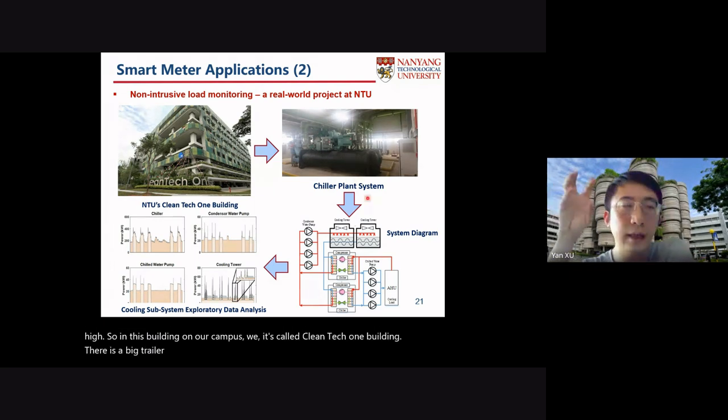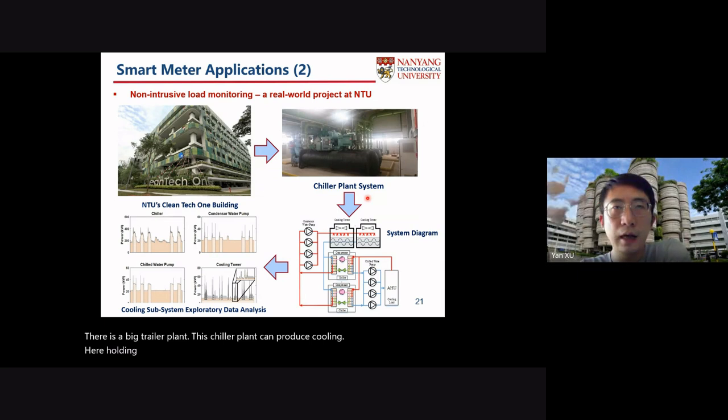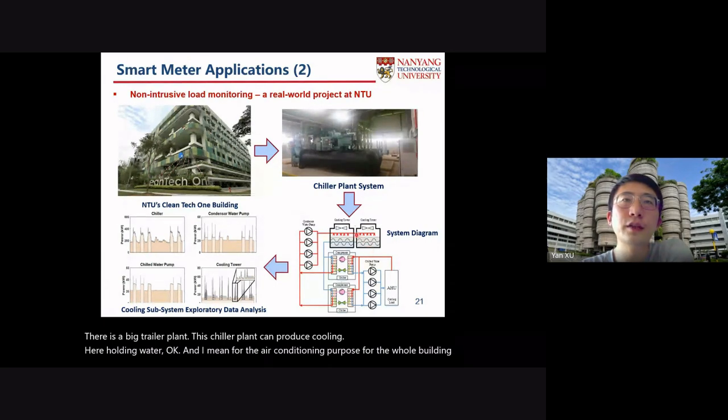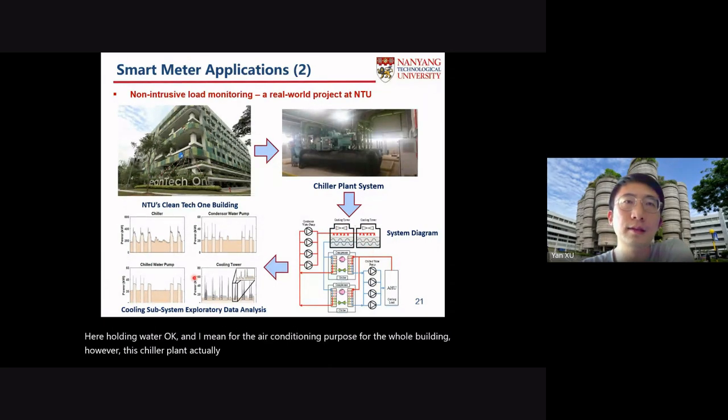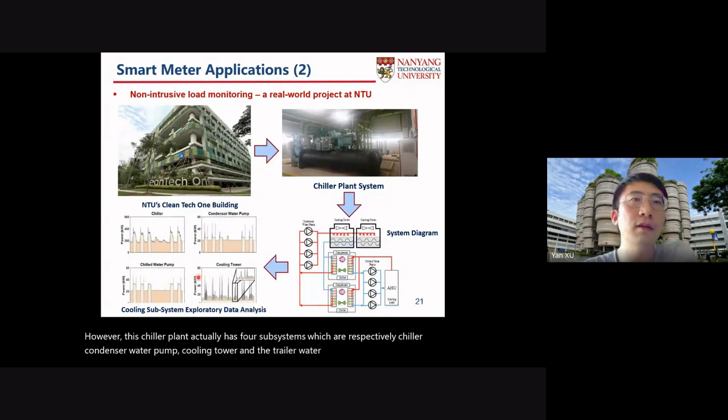This chiller plant produces cooling air and cooling water for the air conditioning of the whole building. However, this chiller plant has 4 subsystems, which are respectively the chiller, condenser water pump, cooling tower, and the chiller water pump.